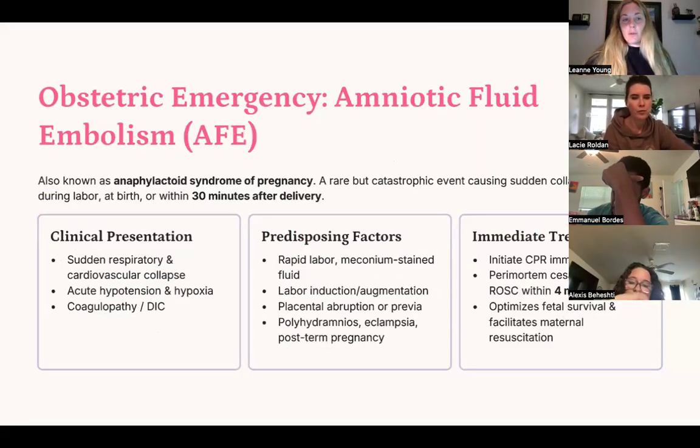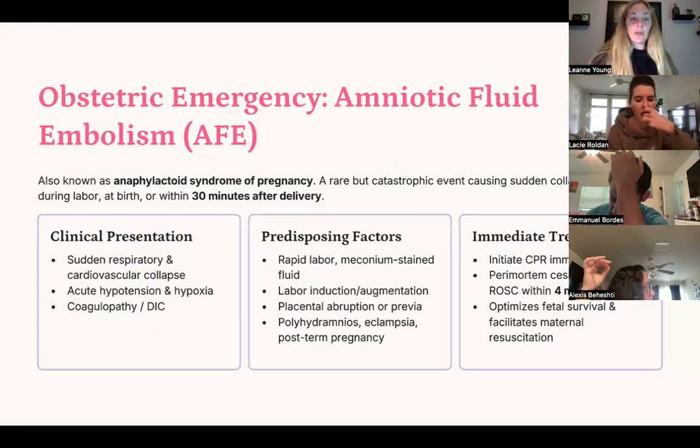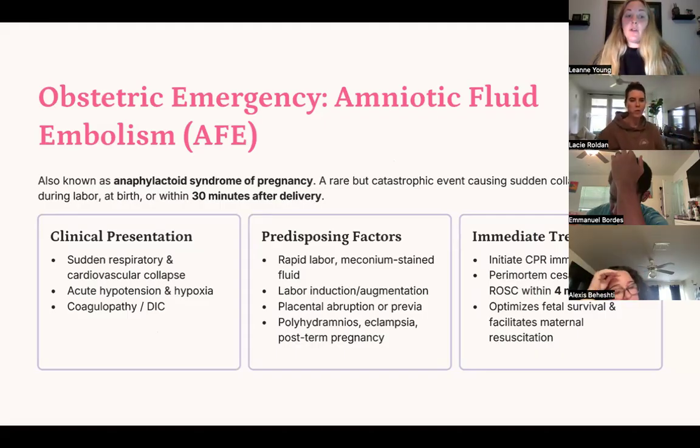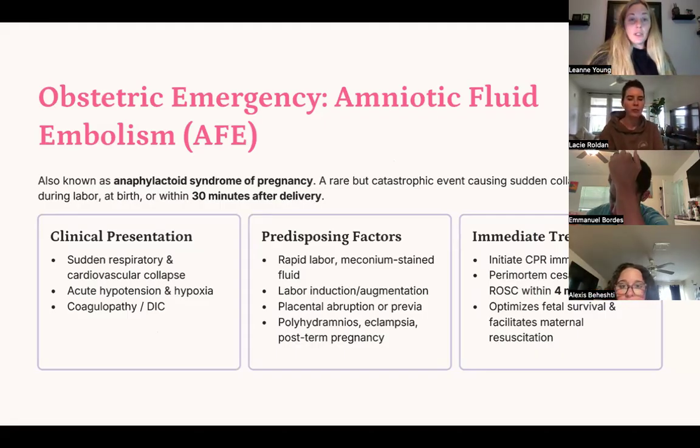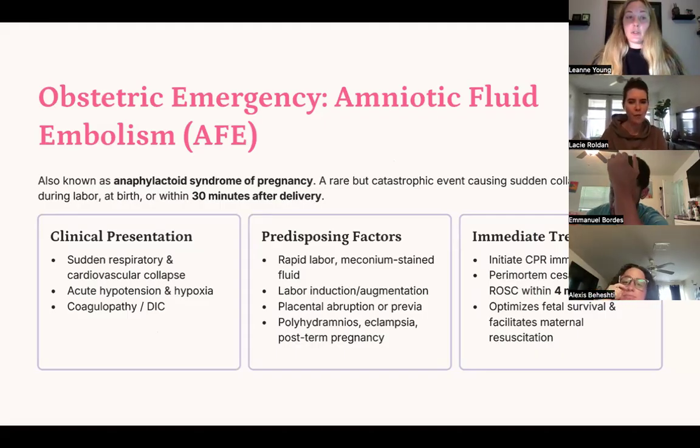The amniotic fluid embolism, which I had mentioned whenever we were talking about C-sections, is an anaphylactoid syndrome of pregnancy. So this can occur during labor, birth, or within 30 minutes after delivery. What would happen? The mom is going to present with respiratory and cardiovascular collapse. She'll have extreme hypotension and hypoxia, and she'll start going into DIC. All right.